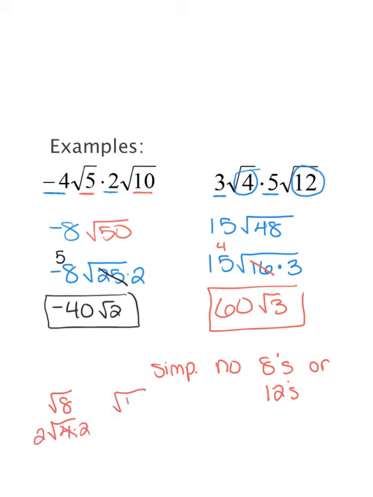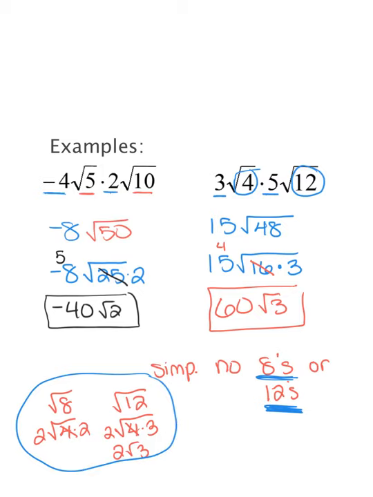And if you're left with a 12, you have to break that one down to 4 times 3, which becomes 2 radical 3. So if you can, when you're picking factors, please try not to pick an 8 or a 12, because they will have to be broken down further.